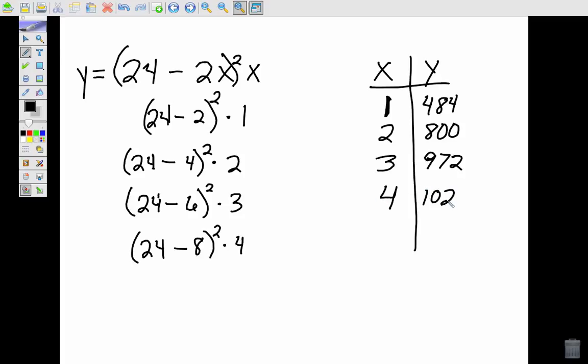You get 1024 for a volume. And let's try 5. 24 minus 10 squared times 5. When you substitute that in and simplify, you get 980. So you can obviously see here that I've maximized my volume when the length is 4.